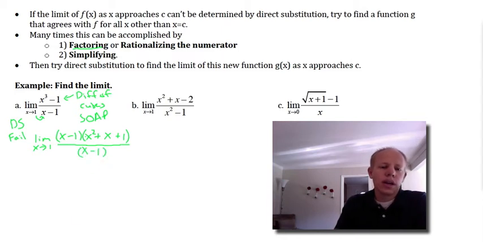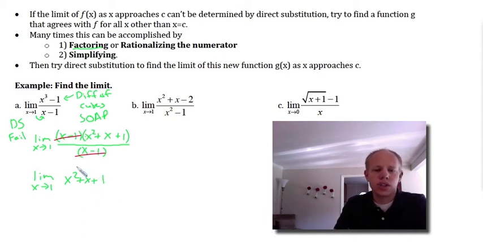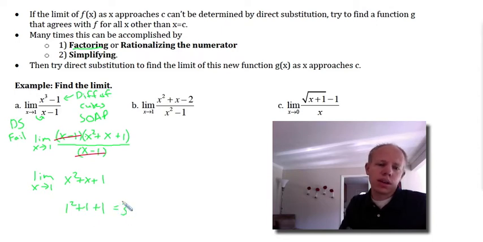Now you'll see what we've done here is by factoring we can now simplify this by canceling out the x minus 1's. And so now we're just left with the limit as x goes to 1 of x squared plus x plus 1. And this is that g of x function we were talking about earlier. Because it's just a polynomial, we can use direct substitution here, and we find that the limit is 3.